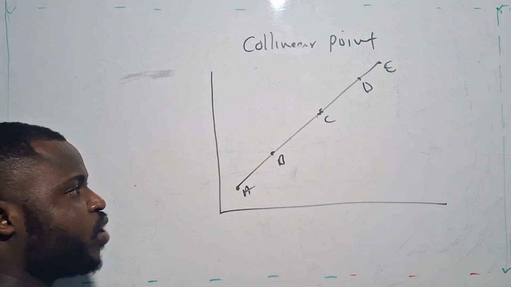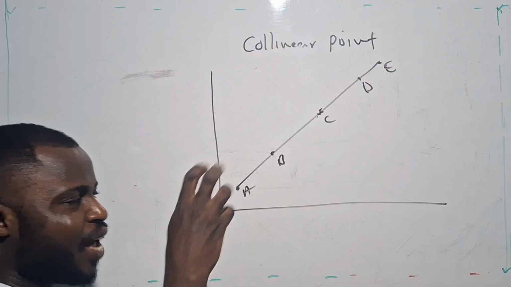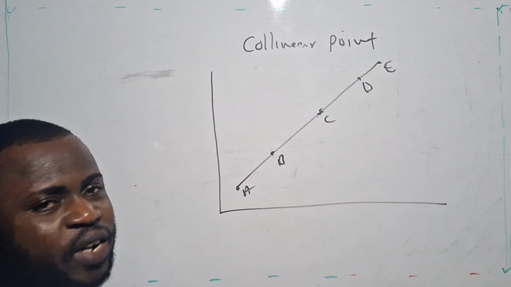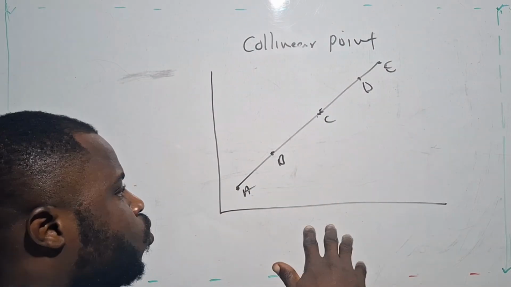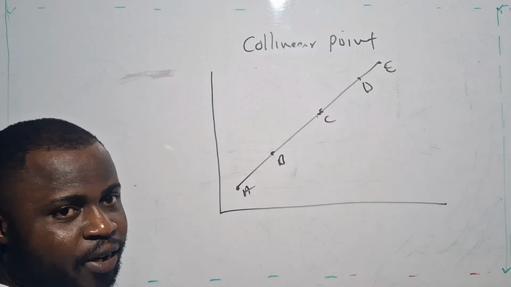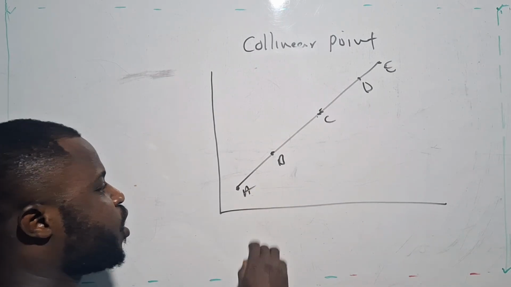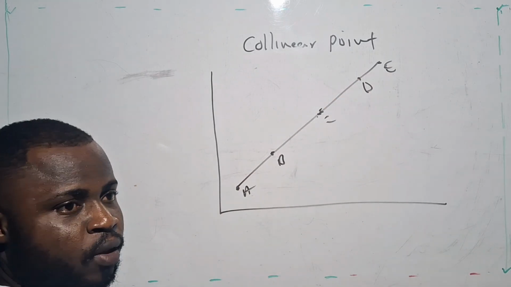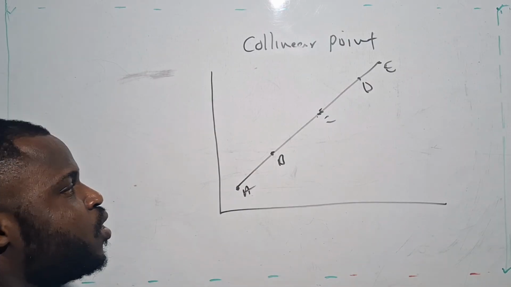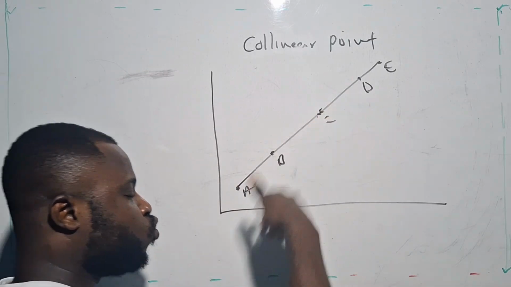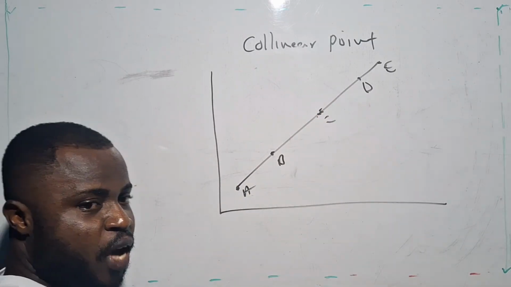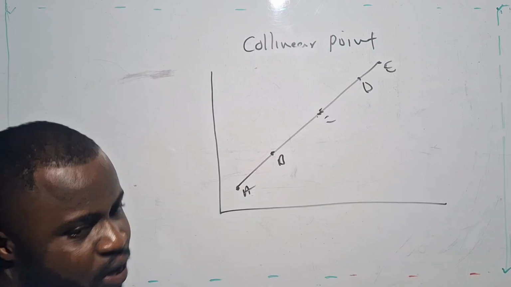And how do you prove that? We prove that by calculating the gradient of any two of the points on the line. When you calculate the gradient and you get the same gradient, we conclude that the points you have picked are collinear. As simple as that.